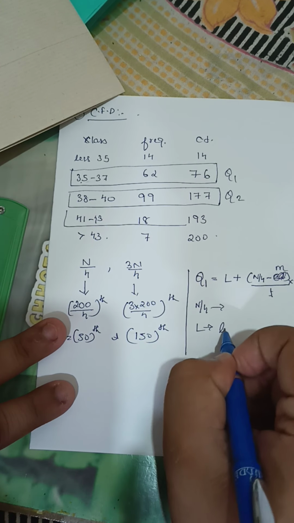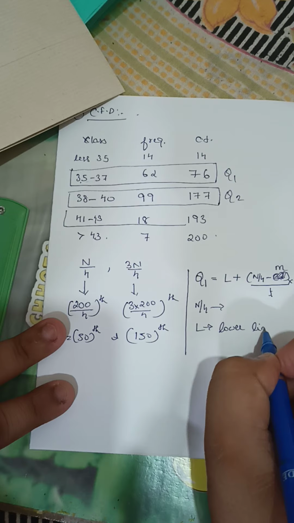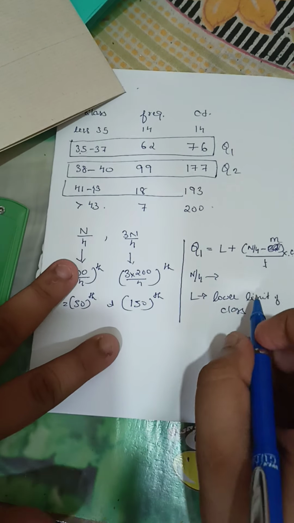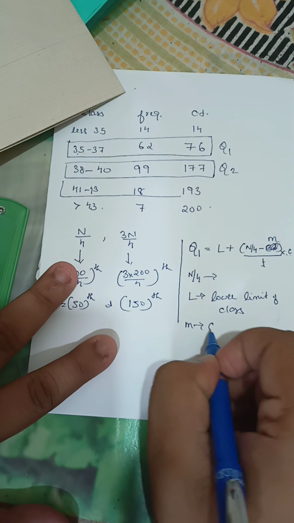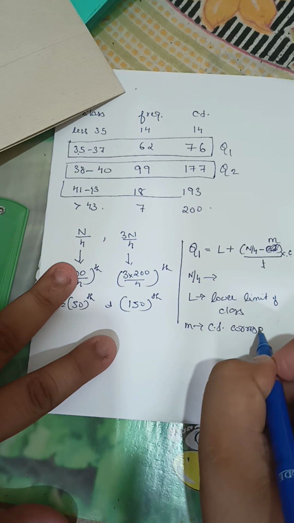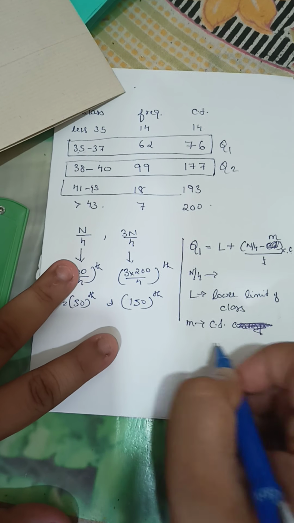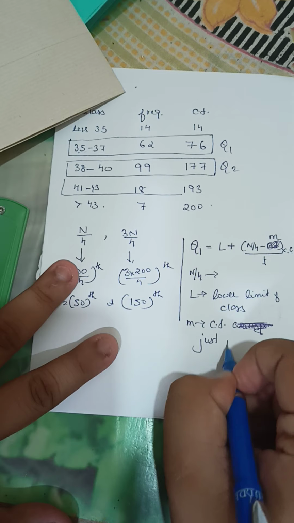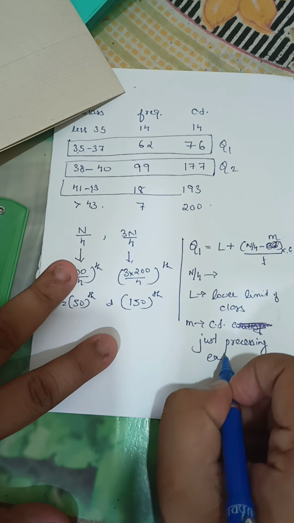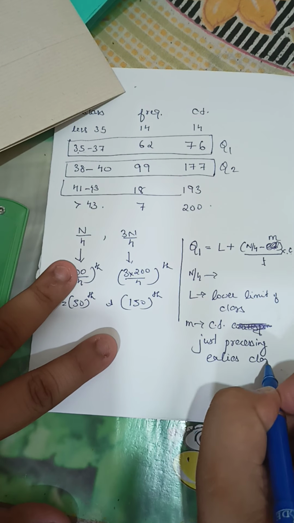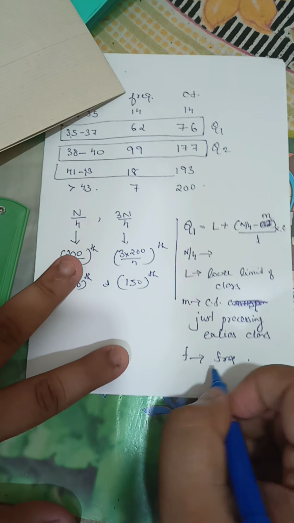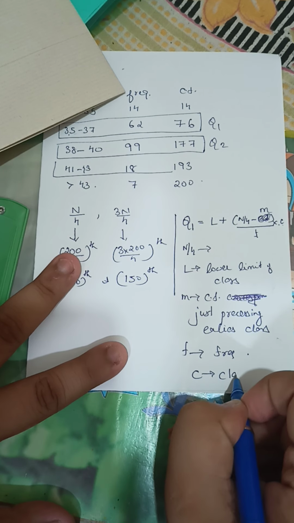L is the lower limit of the class, and M is the cumulative frequency just preceding the earlier class. So F is the frequency, then C is the class width.